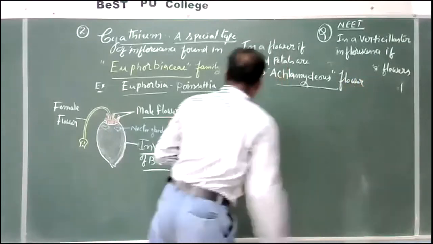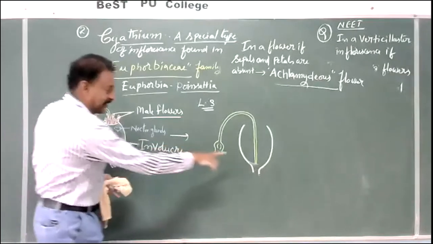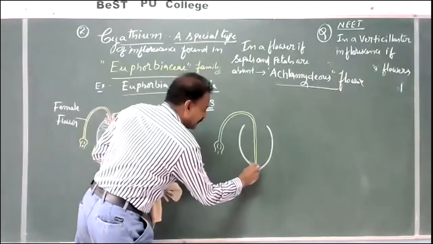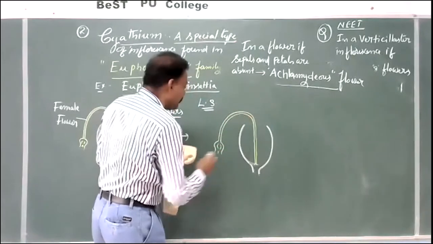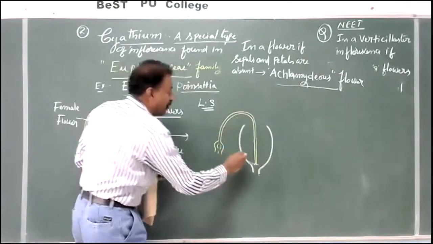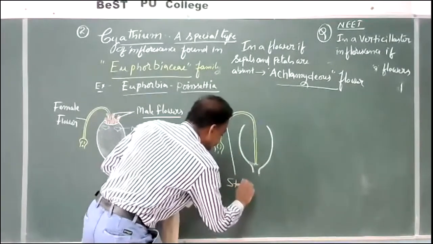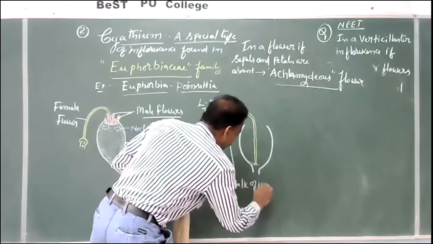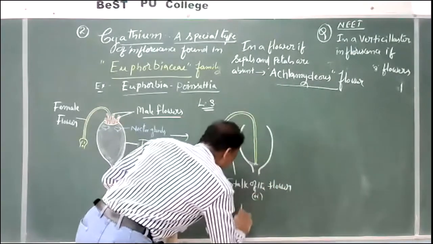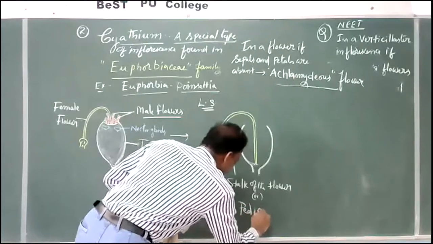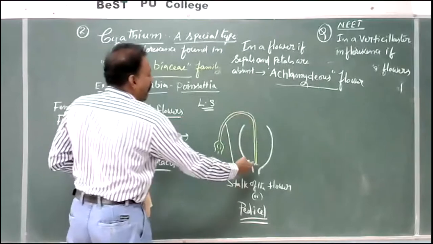So, my dear students, in this cyathium inflorescence, in the center, there is a large flower. This large structure is called the stalk or pedicel. What do we call the stalk of the flower? Pedicel. So the pedicel is very long.